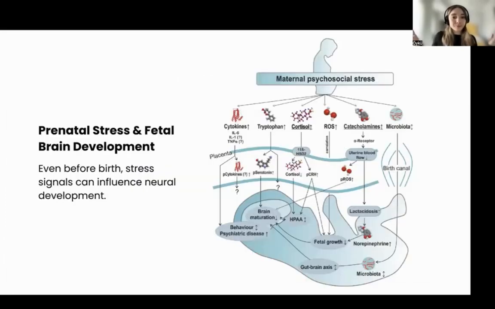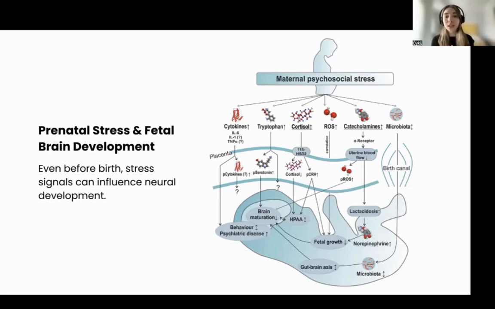So, we talked about development. What about prenatal stress in fetal brain development? The effects can begin even before birth. How does it happen? If the mother's stress hormones like cortisol are high, they can cross the placenta and influence the fetus's developing brain. For instance, synthetic glucocorticoids are sometimes given before premature birth to help lung development.